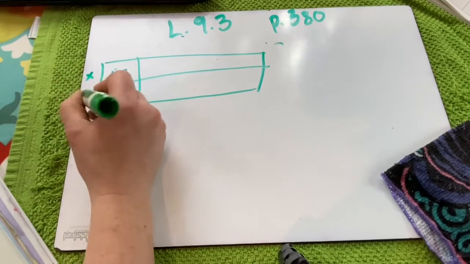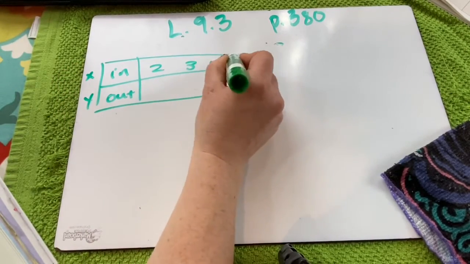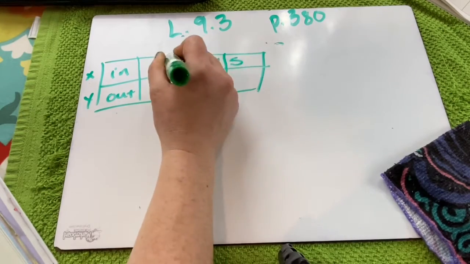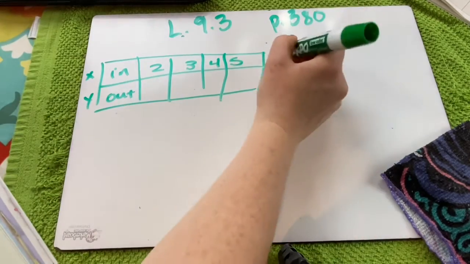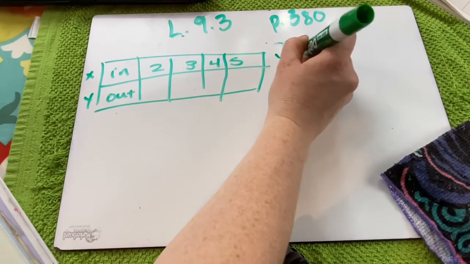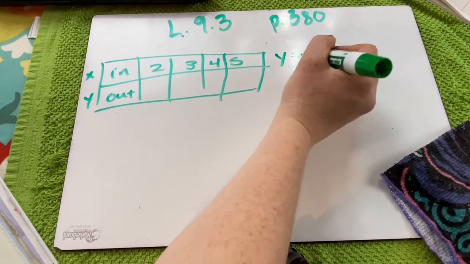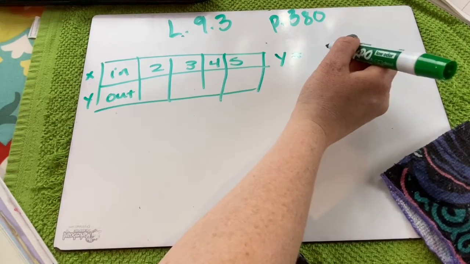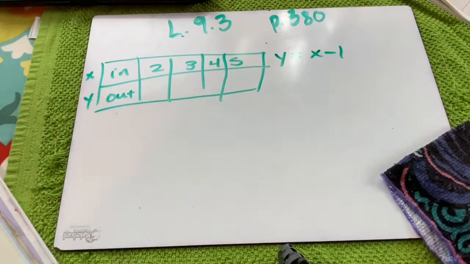Remember, this is x and this is y. And they put 2, 3, 4, 5. And then they gave us this. The output is 1 less than the input. So the output is, remember, always the equal sign. So x minus 1. Okay?